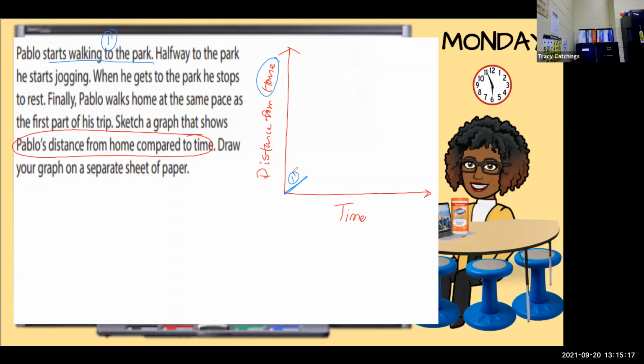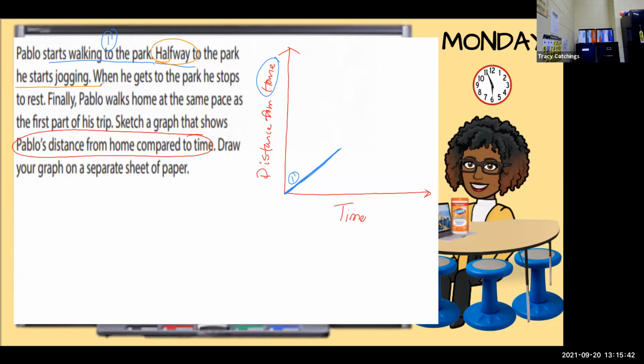All right, look at things. They said halfway to the park. Hold on. So we need a little bit more than that. They said halfway. So keep going. So we get about halfway. Then they said halfway to the park, he starts jogging. That means going faster. How might we put that?